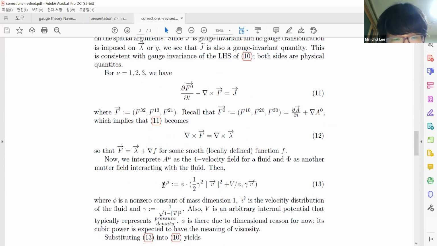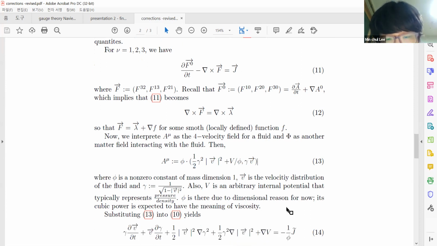So we interpret A mu as the velocity field for a fluid, and phi as another matter field interacting with the fluid, or the external source of energy or stirring force. We interpret A mu as the velocity field of the fluid in the relativistic sense.